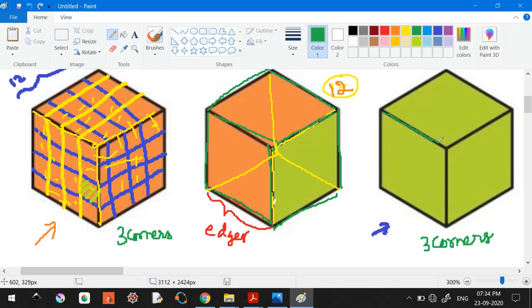We can't use this in this particular side, and this particular side. Got it? Because they are of same colors, right? So total together I cannot make use of these 6 corners. So out of the 12 corners, only 6 corners are left. So the remaining 6 corners is what going to help us.